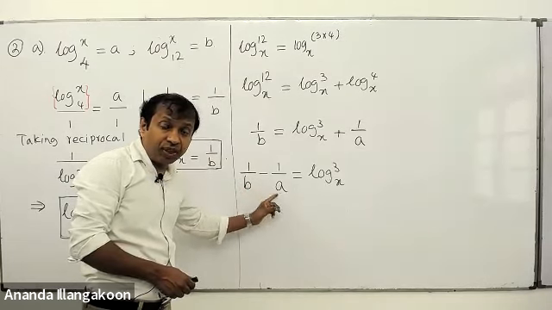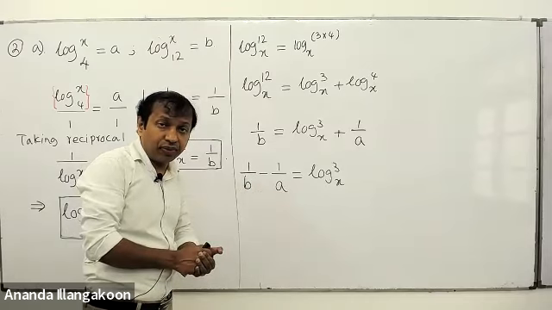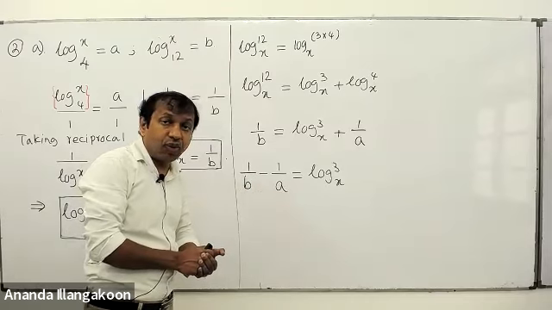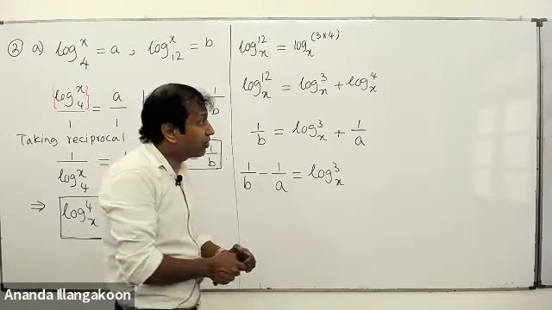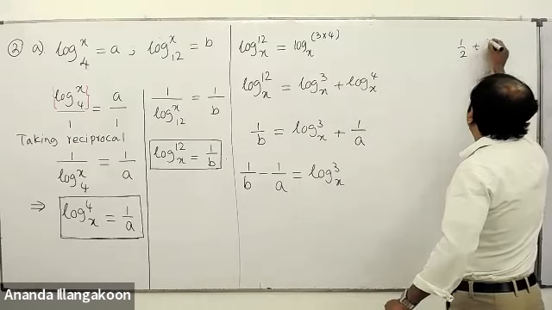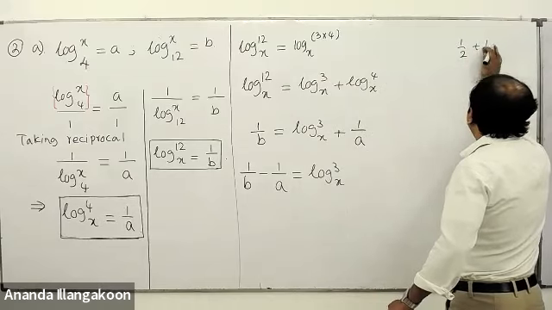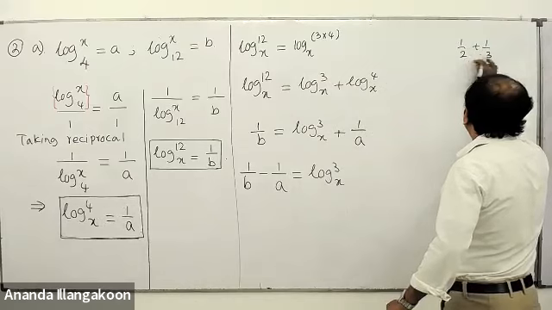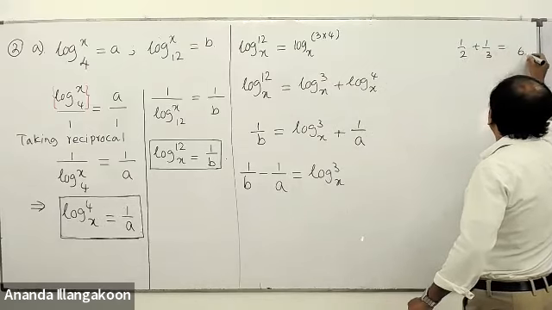The present denominators we multiply to get the common denominator. For instance, suppose I take 1/2 plus 1/3. These are numerical values now. For these 2 and 3, you know the least common multiple is 6.